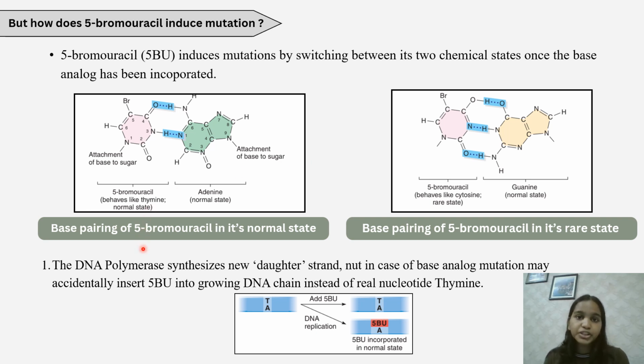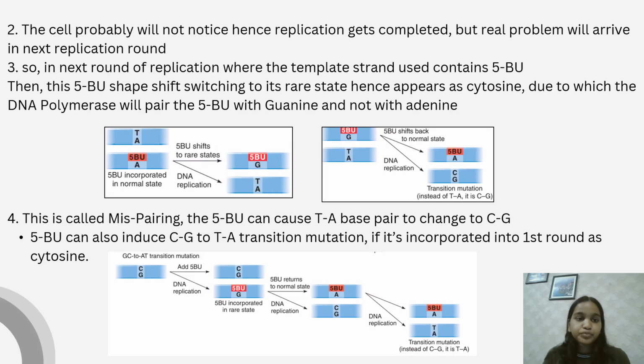During the replication of DNA, the enzyme DNA polymerase adds new nucleotides to the DNA strand. But in case of mutation, DNA polymerase accidentally adds 5-bromouracil into the growing chain of DNA. But the problem is not here. The problem will arise when this DNA strand having 5-bromouracil in it is used as a template strand.